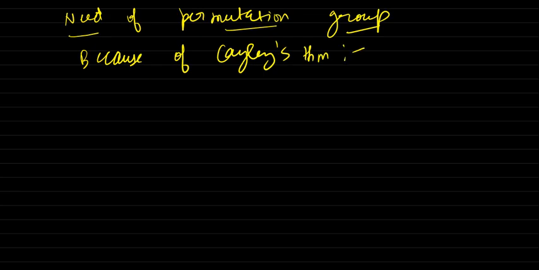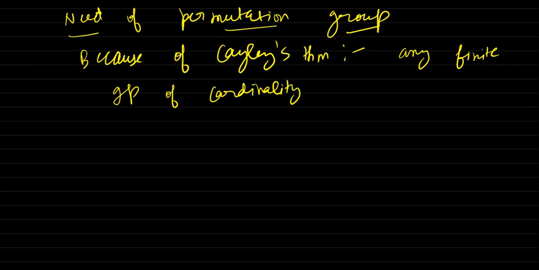That any finite group of cardinality n is embedded in S_n. So this is the statement of Cayley's theorem. As per this statement, it is saying that we can embed any finite group in some permutation group.